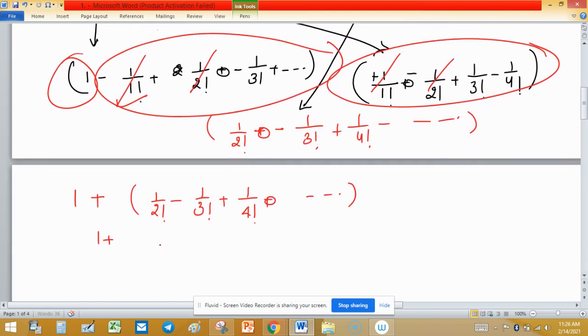This is e raised to the power minus 1, and minus 1 is not here. So e raised to the power minus 1 is 1 minus 1 upon 1 factorial plus 1 upon 2 factorial.